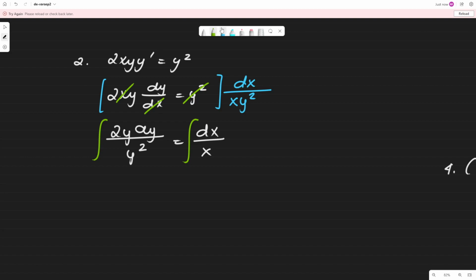Pwede naman nang gawin na lang natin tong y squared as u. And if that is u, du is equal to 2y dy. So, yun yung numerator natin, du over u.